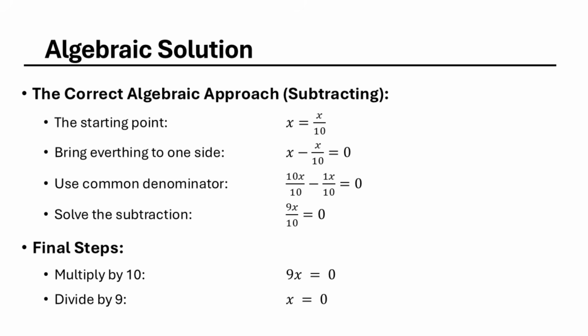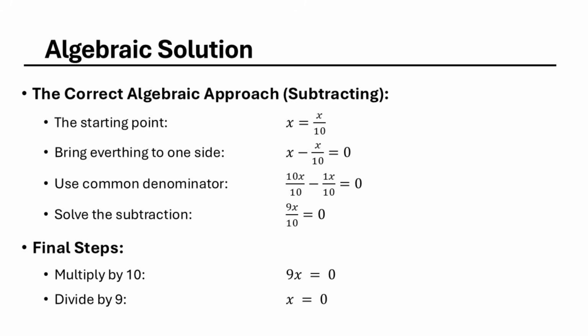Since 0 divided by 9 is 0, we get the unique solution, x equals 0. And this makes perfect sense. If we plug it back into the original equation, 0 equals 0 over 10, which simplifies to 0 equals 0. This is a true statement. Our solution, x equals 0, is correct.